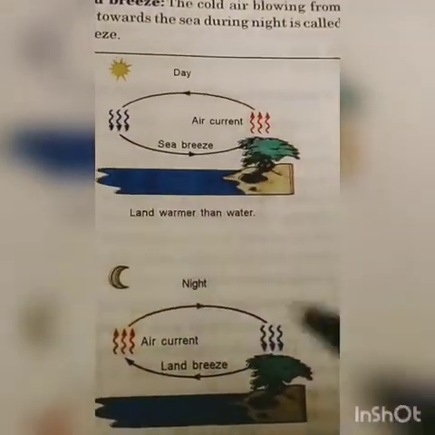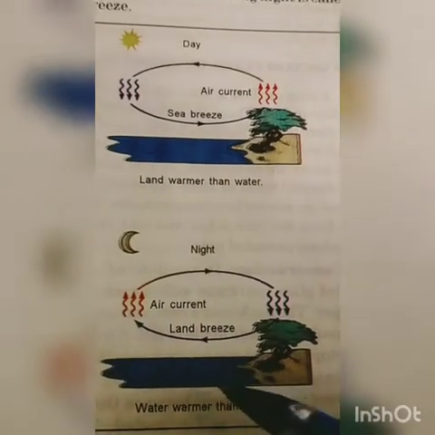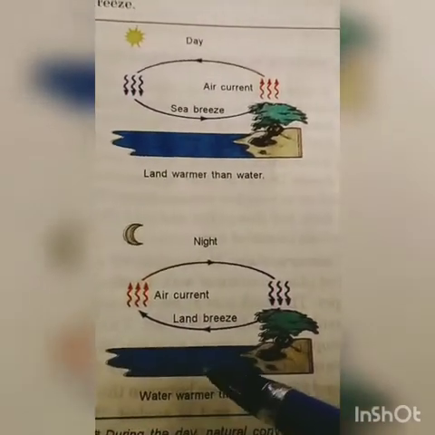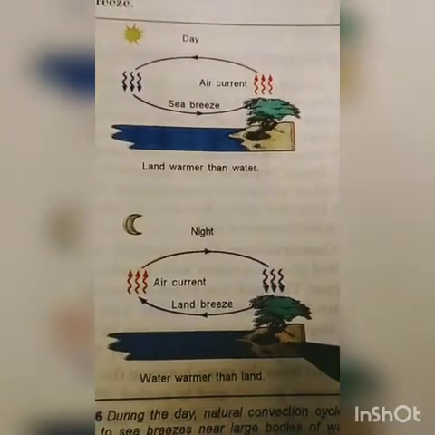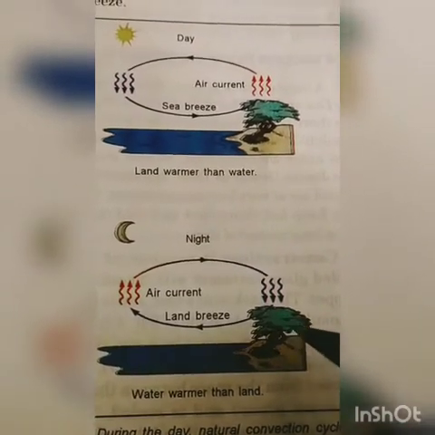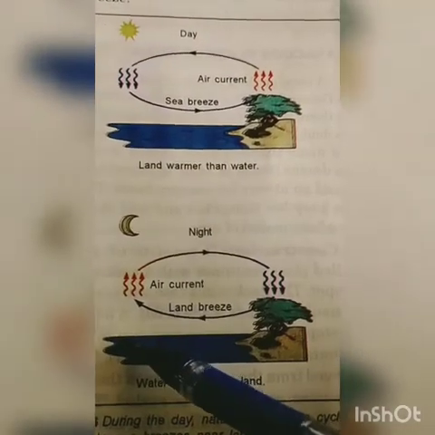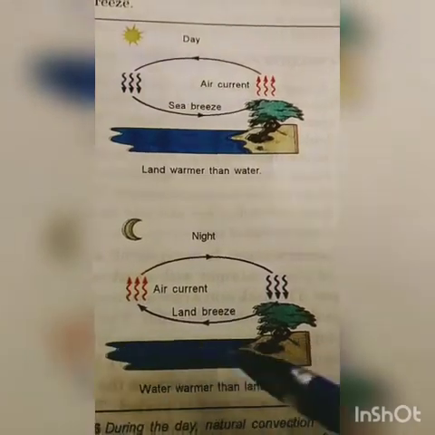And it's just the opposite during the night time. At night, the heated water cools down very slowly, whereas land cools down very fast. So again, over the sea, there is a difference in temperature.